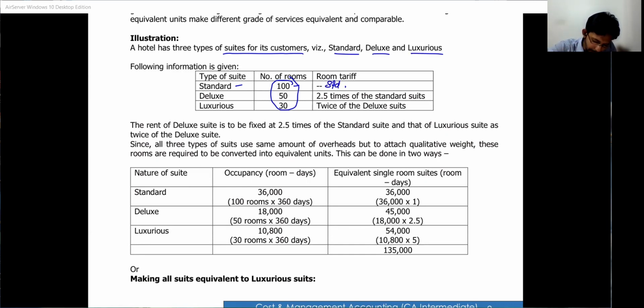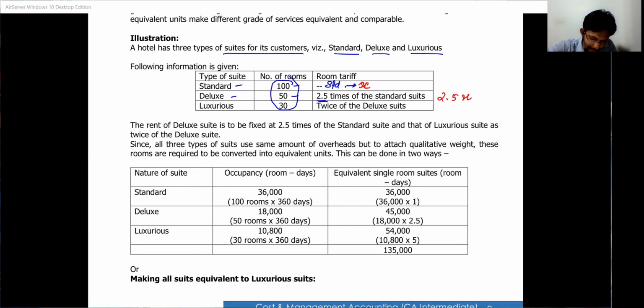Okay, now in case of deluxe, you have 50 rooms, but the tariff is 2.5 times the standard room. So what will be the tariff of standard suite? Let's say this is X. So the tariff of deluxe will be 2.5x.